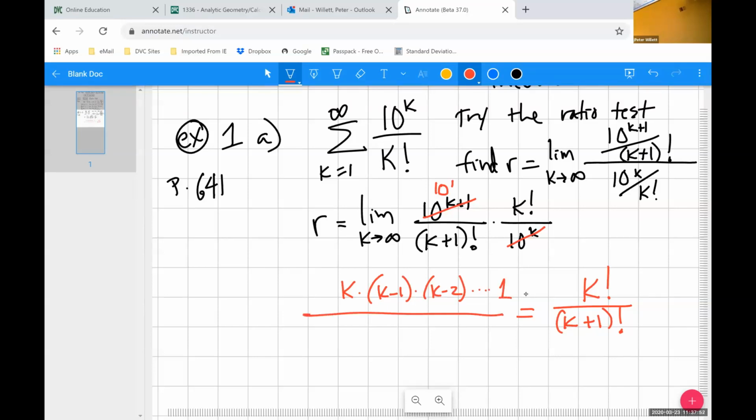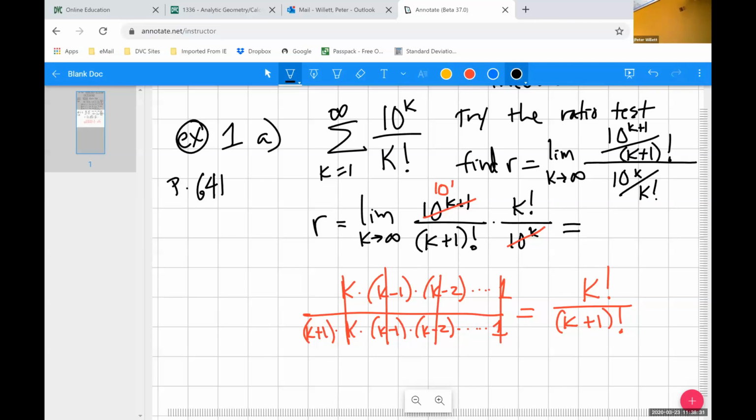So k plus 1 factorial means instead of starting at k and working my way down, I start at k plus 1. So that would be k plus 1. And then if I go down 1 from that, then I get k, and then I get k minus 1, and then I get k minus 2, and I go all the way down until I get to a 1. So what we'll see here is that when you make a fraction of a k factorial and a k plus 1 factorial, the only thing that's left is the k plus 1, because all the other factors cancel out.